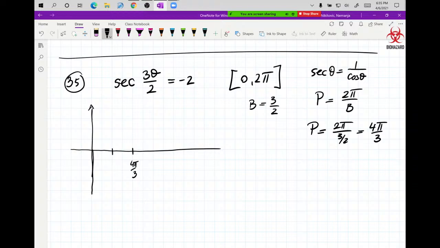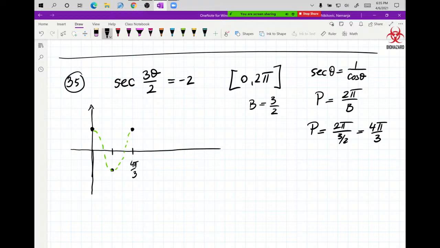So if my period is 4 pi over 3, and the secant is connected to the cosine, I should have my cosine start, and I'm just going to draw it in green, because this is not what we want. I'm just going to put it there. That's 4 pi over 3. I need to go to 2 pi, so I need more.